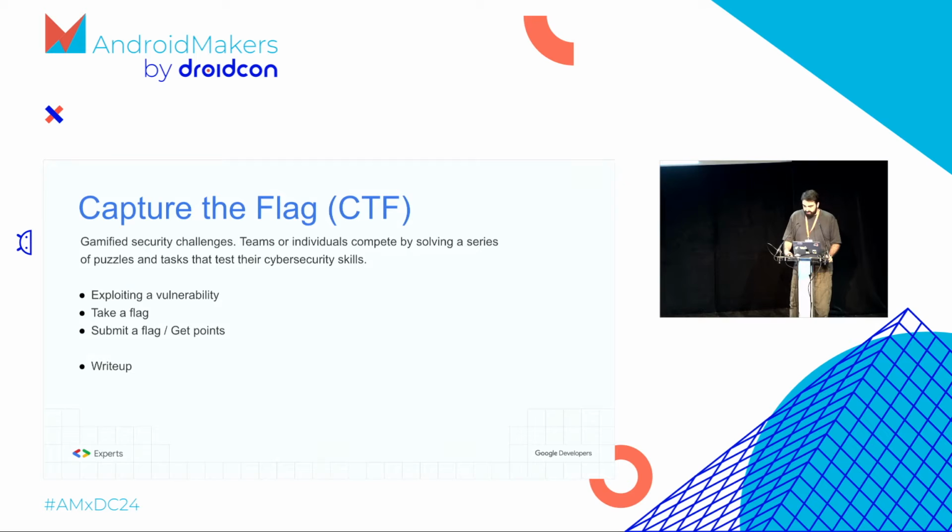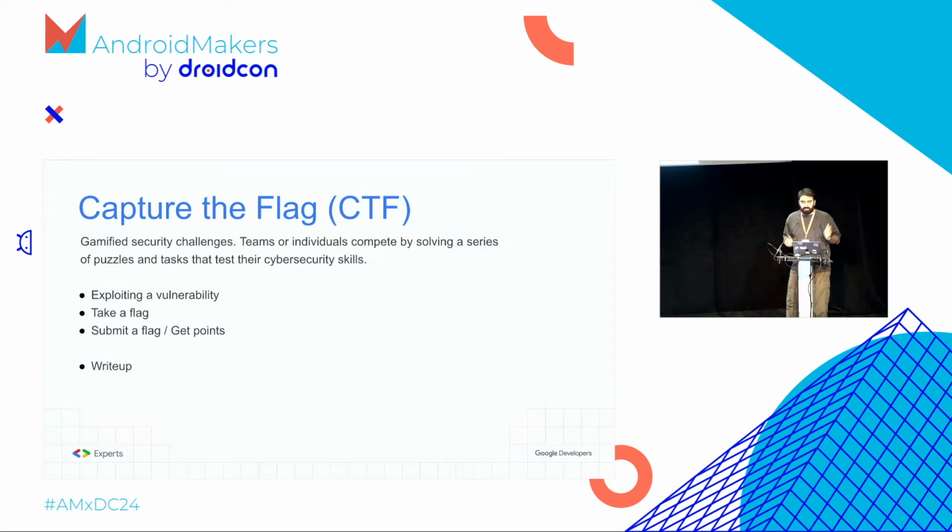As I mentioned, it's a gamified experience, basically puzzles, and you should hack them. As a hacker, you should use different cybersecurity skills to first exploit the vulnerability and see what vulnerability might be effective against this kind of task.